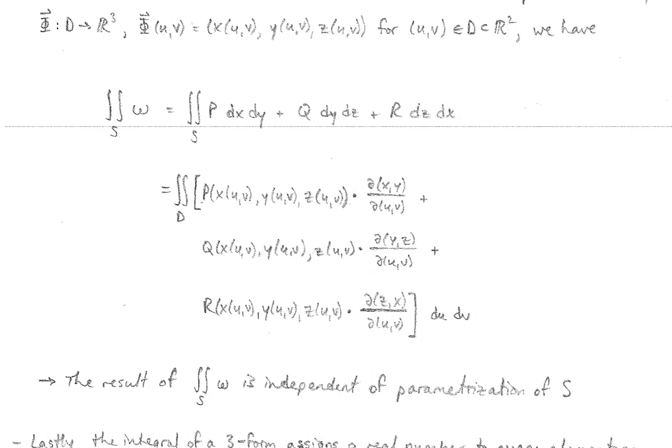So each of these guys here, these are all determinants of those Jacobian matrices. Now, if you were to look at the formula for the flux across a surface in R3, just as a quick recap, it's the double integral over S of f hat dot n hat dS.